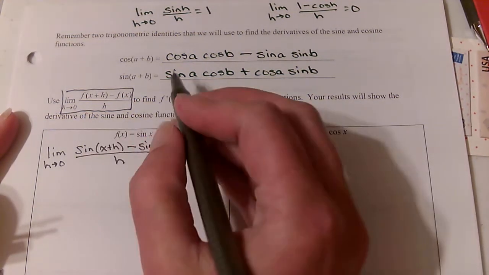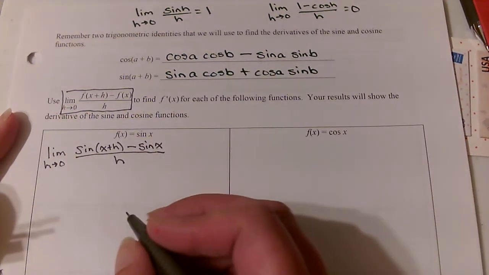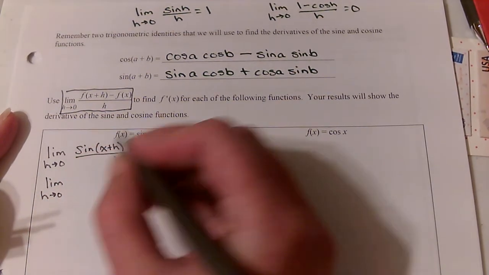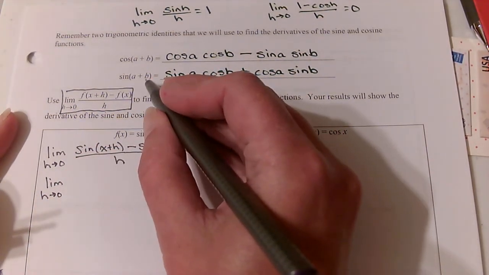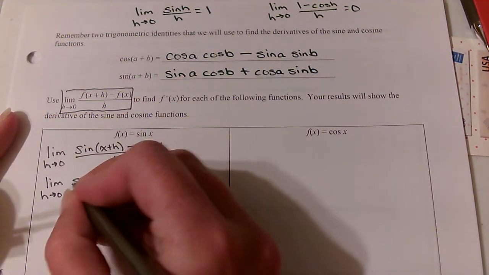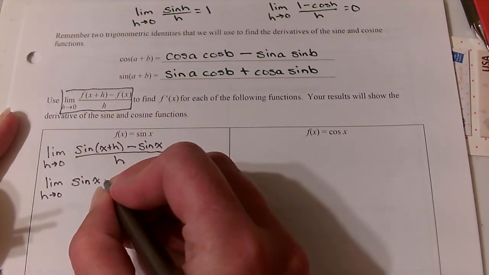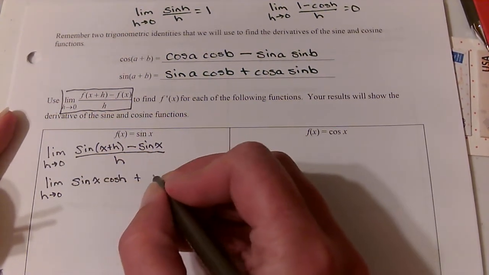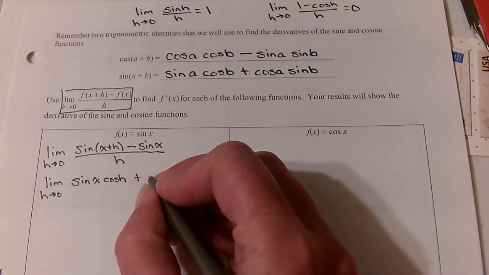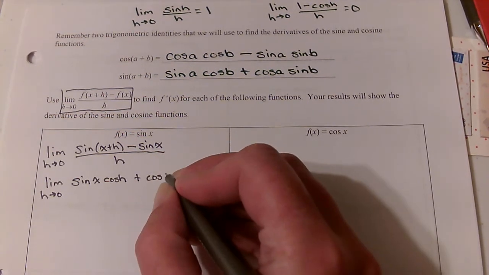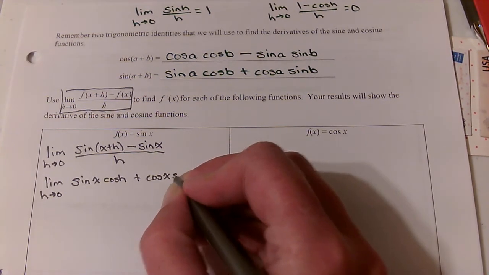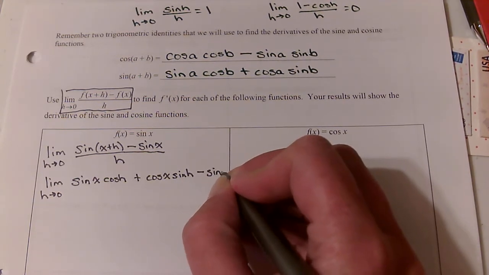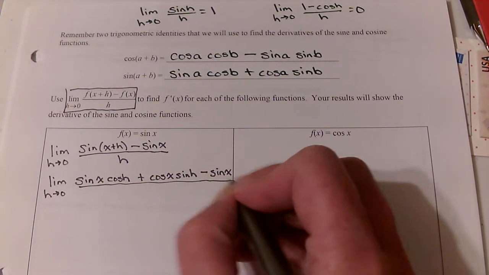So let's apply this sine identity. The limit as h approaches 0 of, so this is x plus h, so sine x cosine h plus cosine x sine h minus sine x all over h.